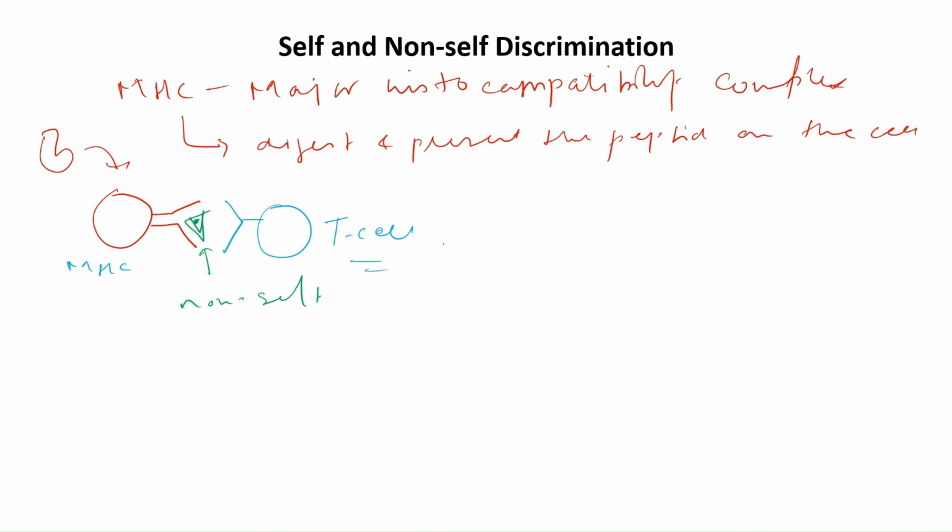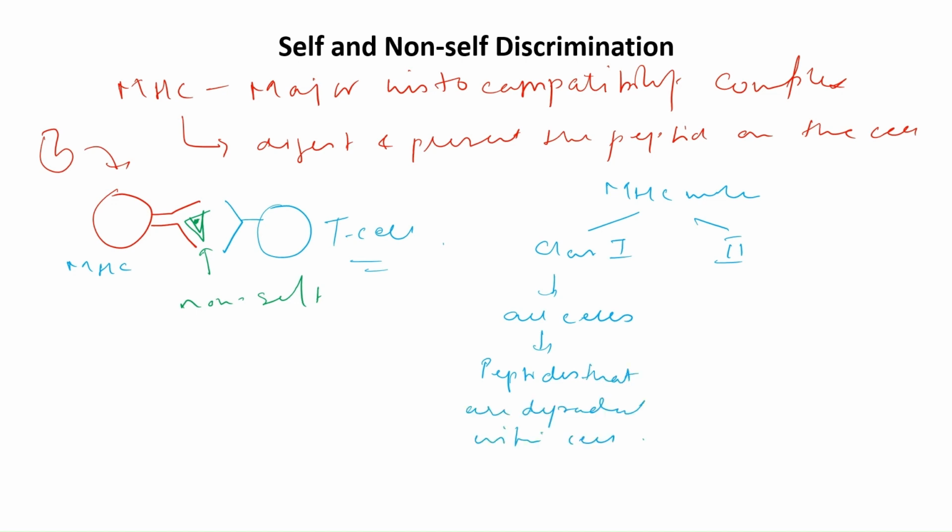Now, MHC molecules come under two classes, class 1 and class 2. Class 1 MHC molecule is present in almost all cells and displays peptides that are degraded within the cells. After presentation, this will get recognized by the TC cell, which will then destroy this cell which has got infected by a parasite or any virus.